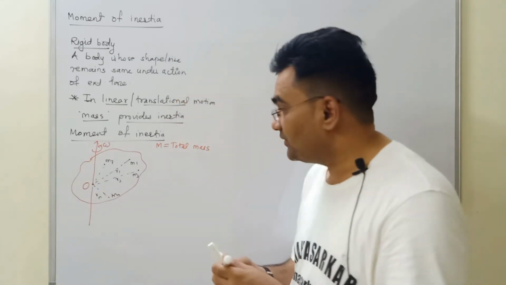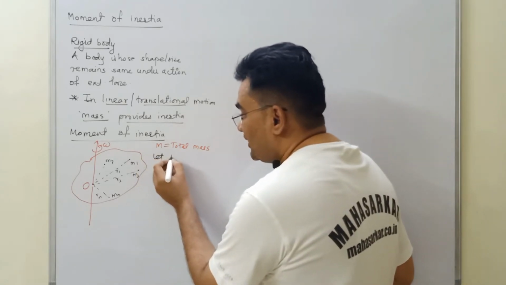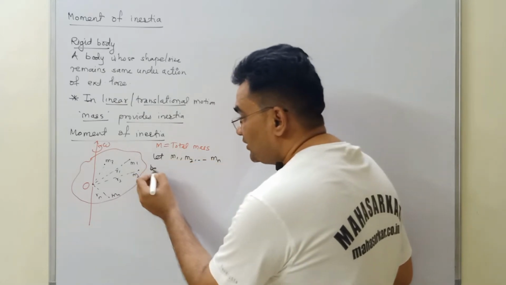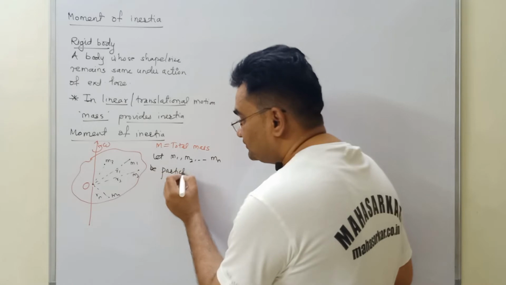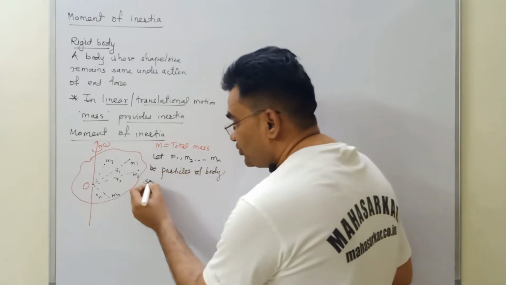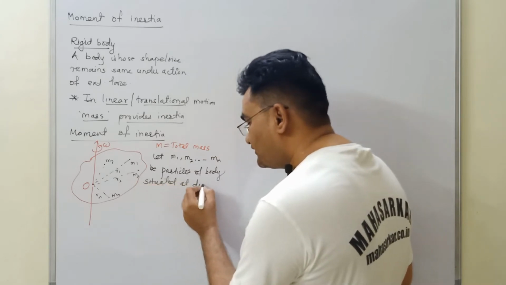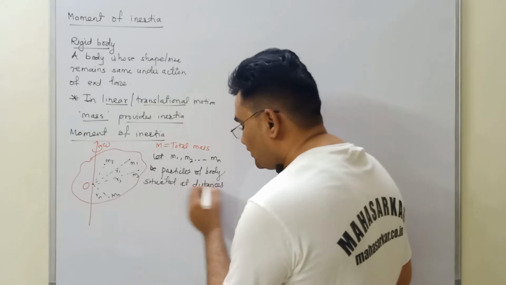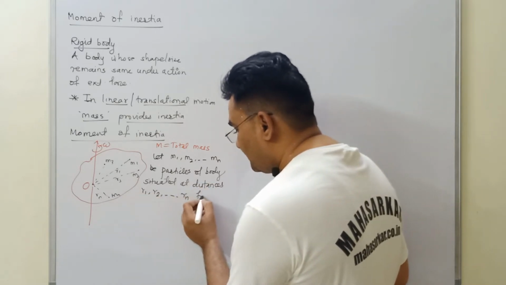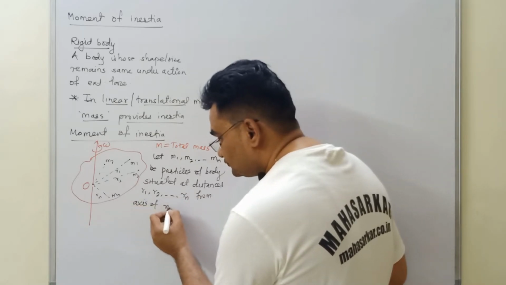So let m1, m2 up to mn be the particles of the body situated at distances r1, r2 up to rn from the axis of rotation.